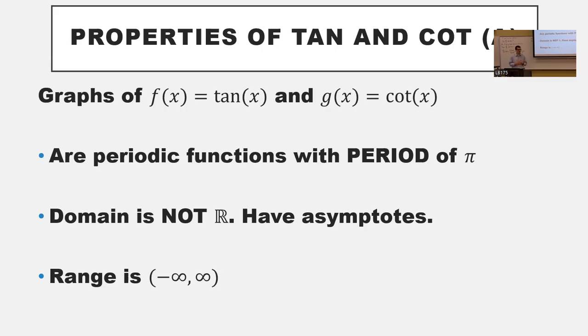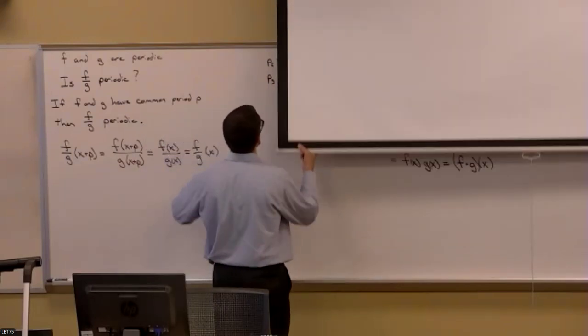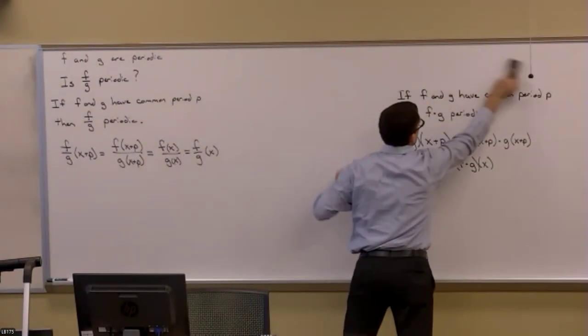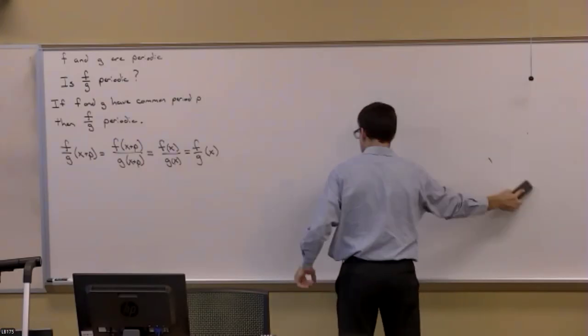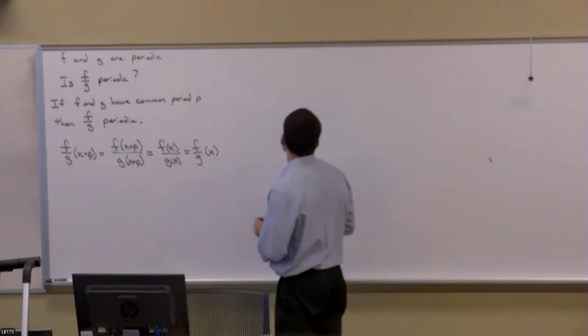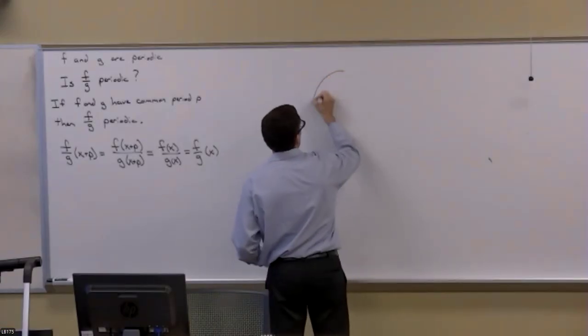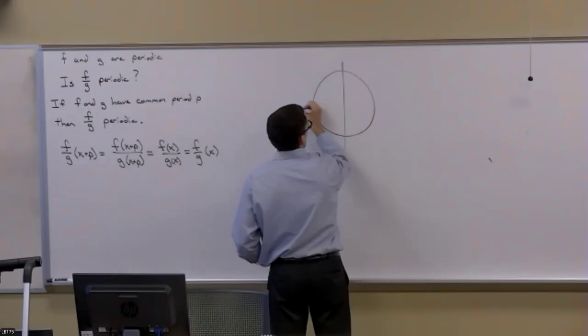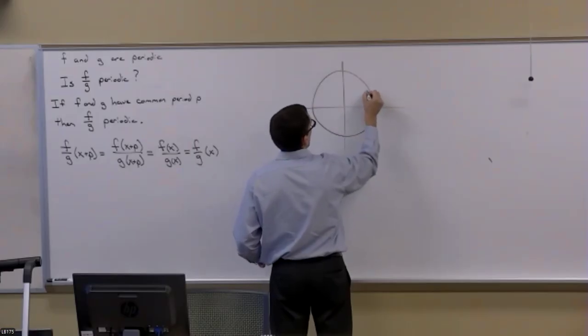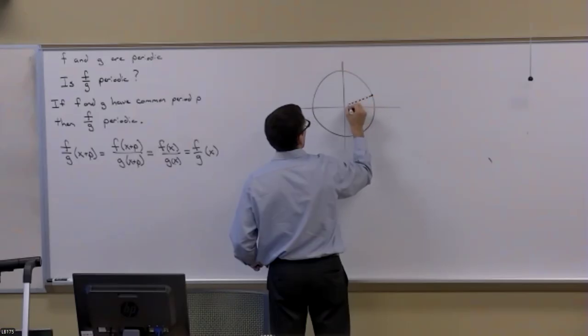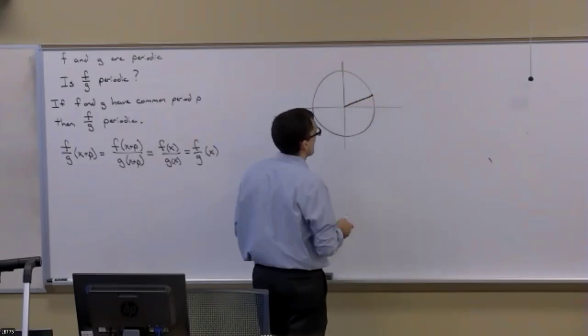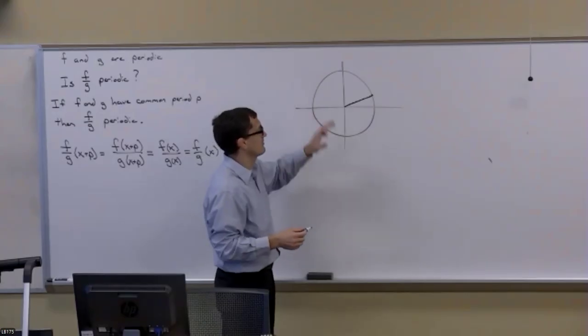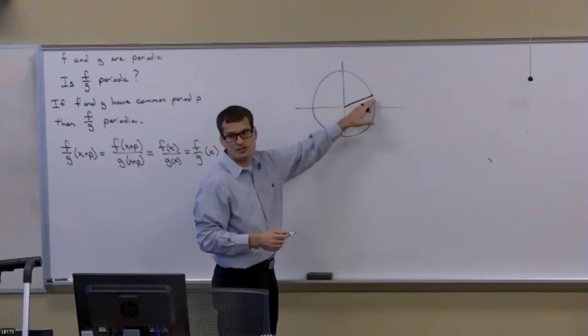Okay. That kind of makes sense or no? If you think about it in terms of the unit circle, if we're tracking our point around the unit circle, while sine is going to oscillate, tangent is going to give you the ratio.